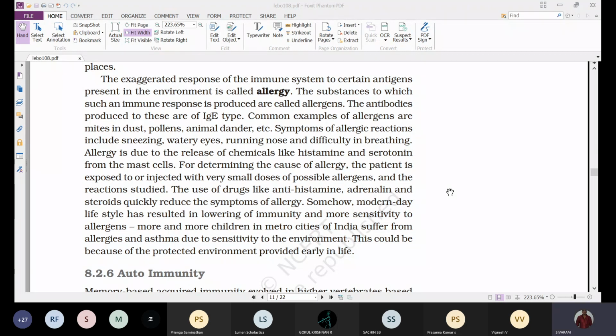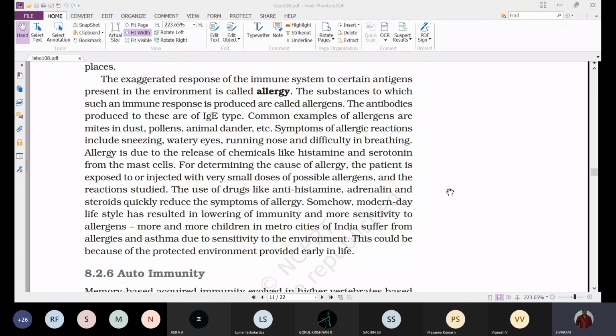This could be because of the protected environment provided early in life. So why are the children in metro cities developing more sensitivity and allergic reactions when they are exposed to different environmental conditions? Because in the early days of their growth, in the young or infantile stages, they are not exposed to different environmental conditions.